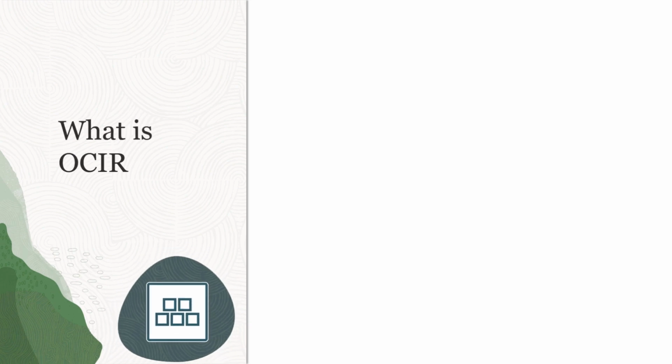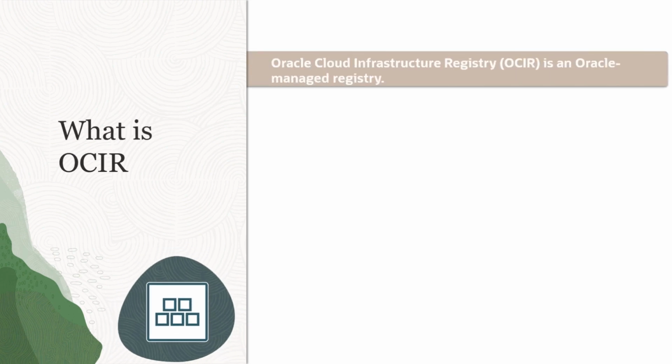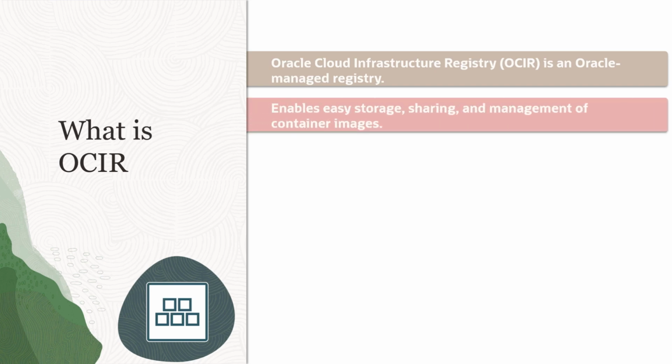What is OCIR? OCIR is an Oracle managed registry designed to simplify the development to production workflow for developers. It offers a range of functionalities, serving as a private Docker registry for internal use, where developers can easily store, share, and manage container images.